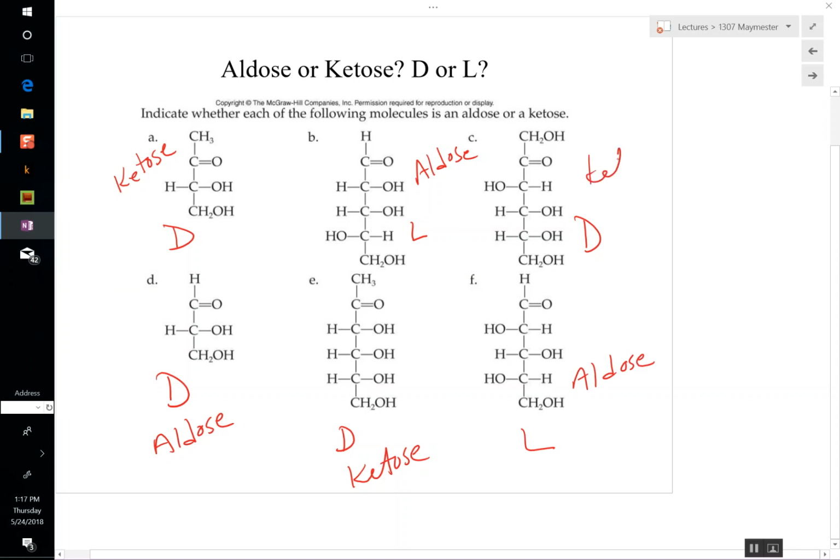Ketose. And you could also say you've got a tetrose, triose, a hexose, hexose, pentose, another hexose. So yes, you could categorize all of these by number of carbons, aldehyde or ketone, and whether they are D or L.